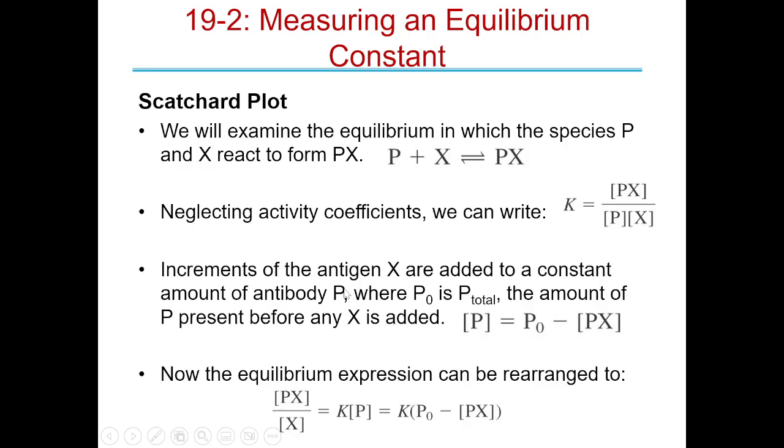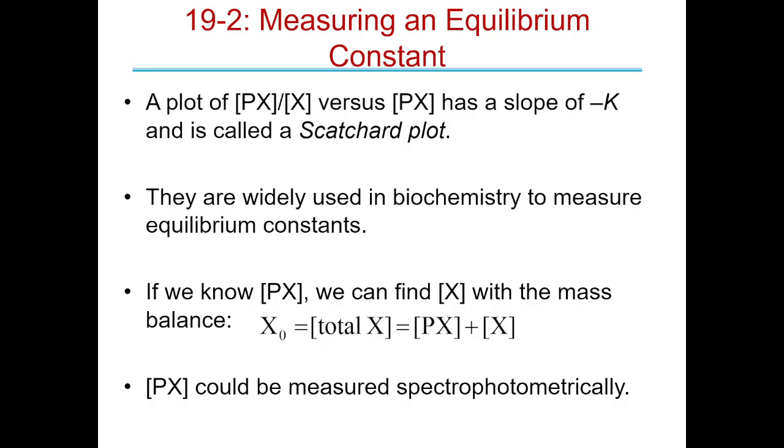The antibody is the P, and the X is the antigen. If we set this up in an experiment to determine this binding, we know the P that we started with, because it's what we added. We know the X that we started with because, again, it's what we added.